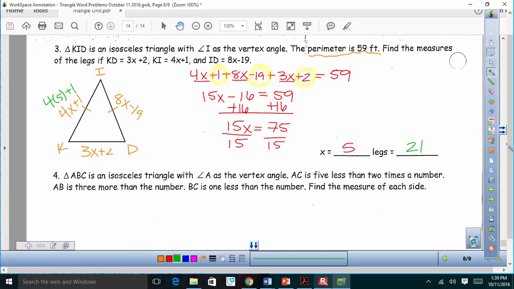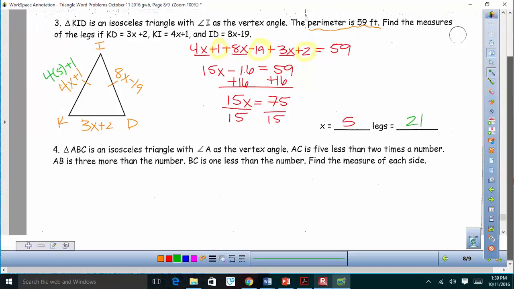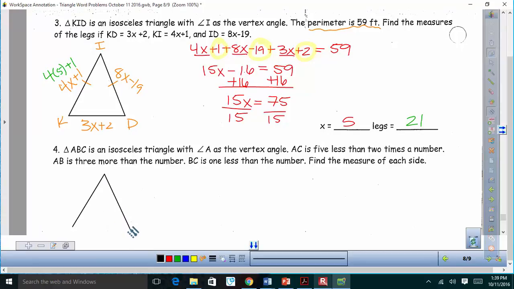Okay, let's look at number 4 as well. So number 4, it references an isosceles triangle again. So I'm going to go ahead and draw my isosceles triangle. Only when it tells you.